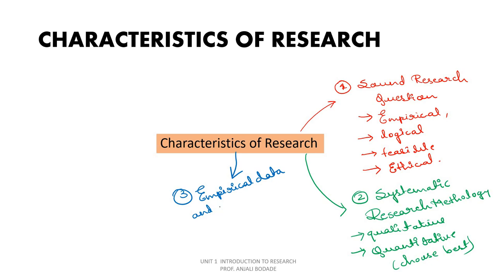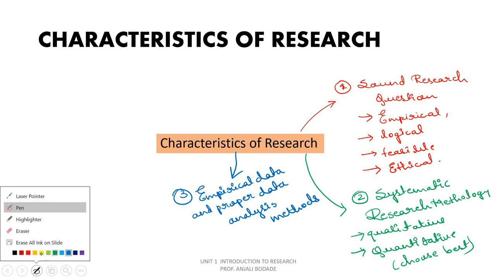However, collecting empirical data is not enough for good research. It must be analyzed properly by using proper methods. Quantitative data can be analyzed using descriptive statistics, whereas qualitative data can be analyzed through identifying and interpreting the patterns in textual data.